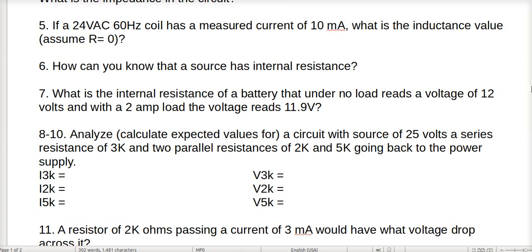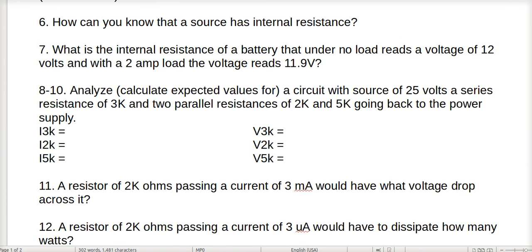Okay, number 6, how can you know that a source has internal resistance? So voltage sources always have some internal resistance. By design, manufacturers of voltage sources, whether they be batteries or something like that, try and keep the internal resistance to a minimum, but it's there.